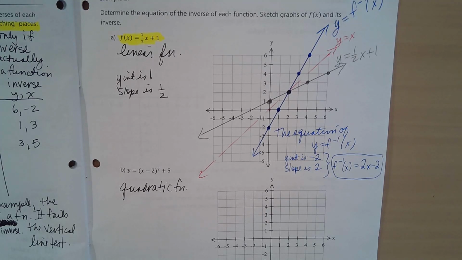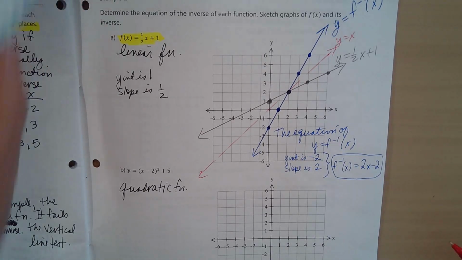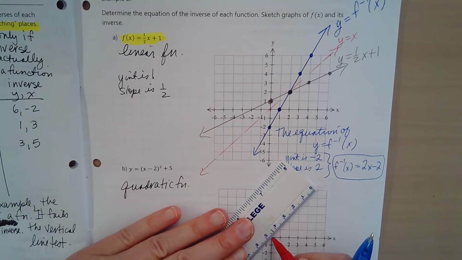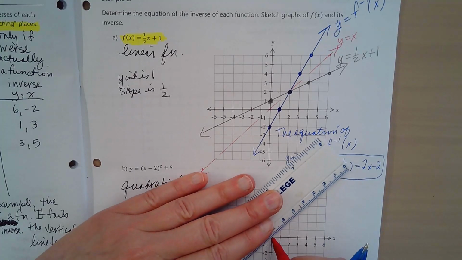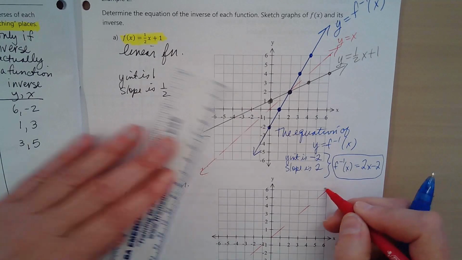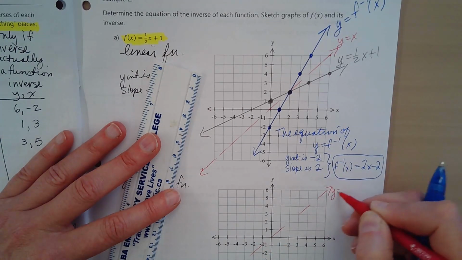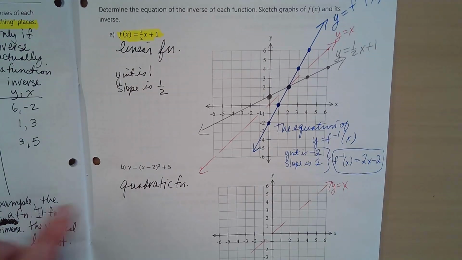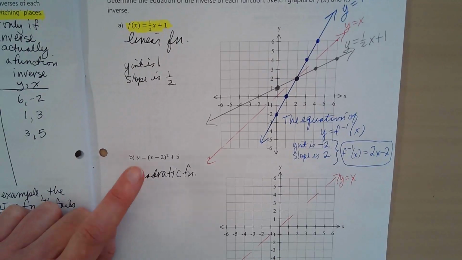Okay, for the next one, then I'm going to send you on a break. Let's sketch in our y equals x line first. So perfect diagonal through both quadrants 1 and 3. Y equals x. Okay. Can you sketch that one quickly for me?